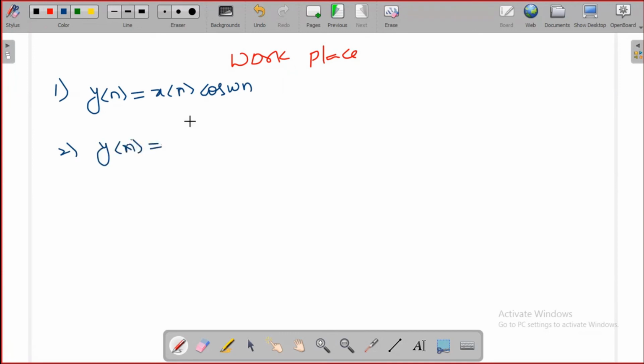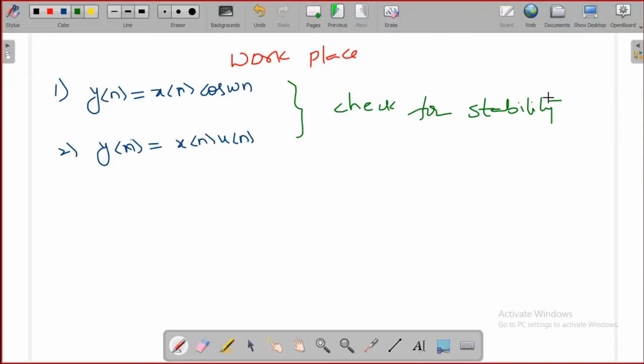Then y of n is equal to x of n into e of n. Check for stability.